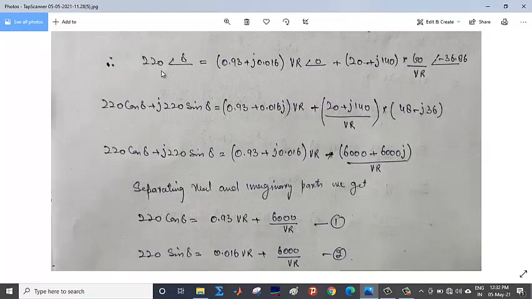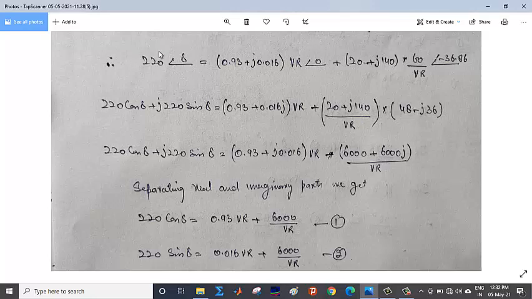Now, giving the values, Vs will be equal to 220 at an angle of delta, equal to A VR: A is 0.93 plus j0.016, times VR at an angle of 0, plus 20 plus j140, which is B, into IR. IR will be this. Since VR is in kilovolt, the unit will be kilovolt.